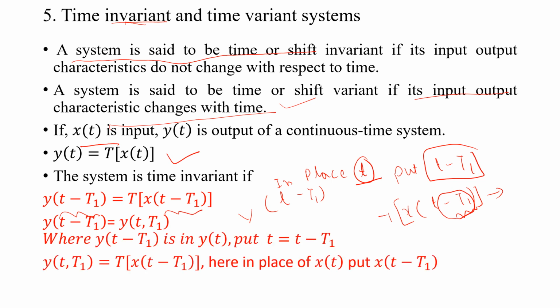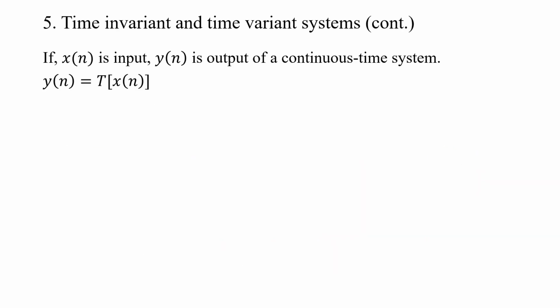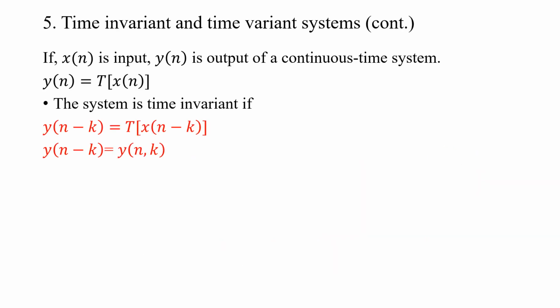So what I said is that y of t minus t1 means in place of t you put t minus t1, and x of t minus t1 means inside the x bracket you write minus t1. Similarly for x of n, the input is a discrete time signal, and the output is y of n.